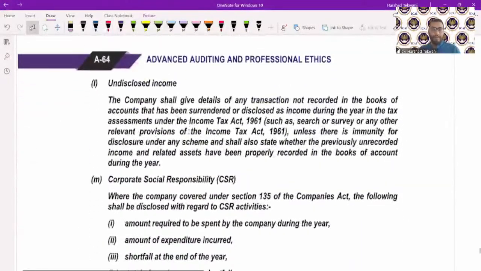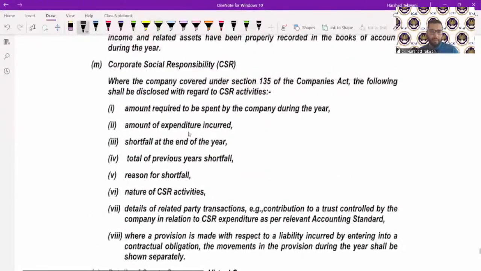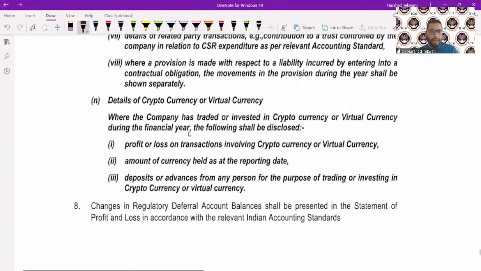Undisclosed income: remember, if there is some undisclosed income that we are required to disclose, same as division 1. CSR disclosure, same again. Then details of cryptocurrency, same as division 1.